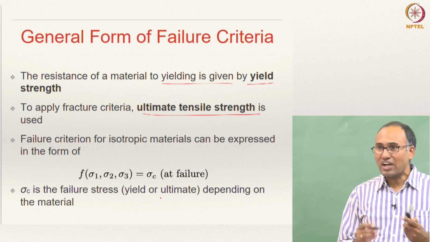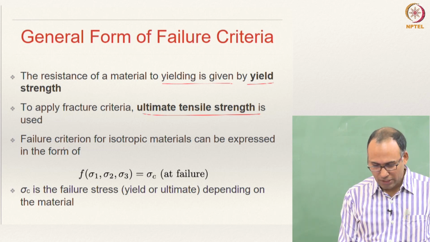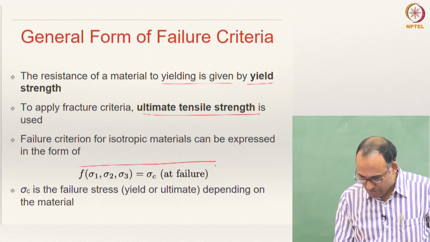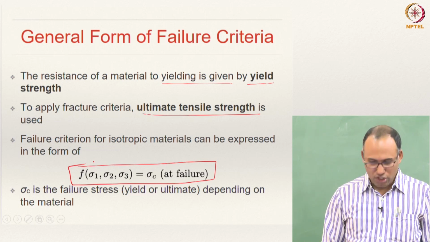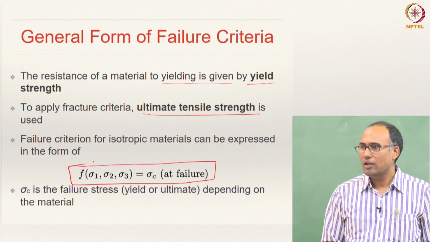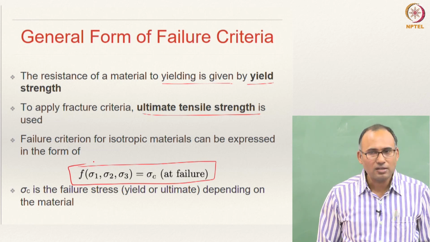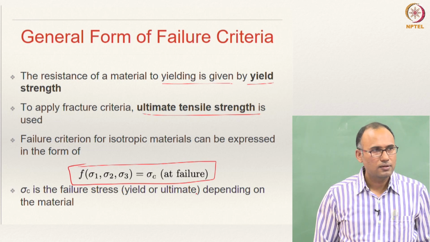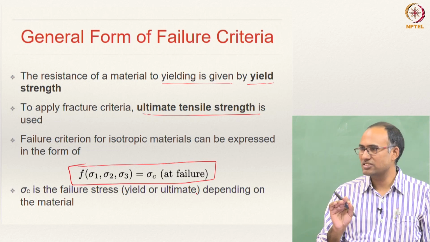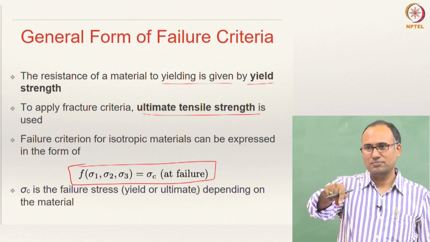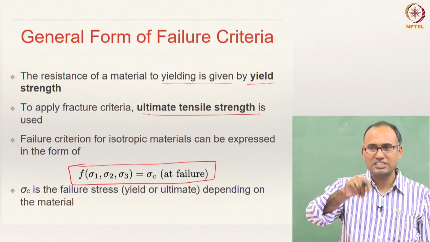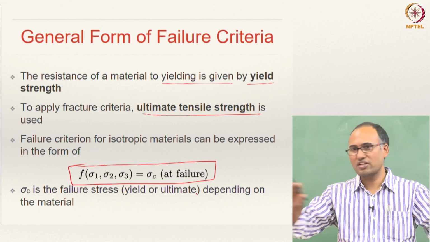So, the functional form of any failure theory for an isotropic material can be expressed like this: F, which is a function of sigma 1, sigma 2, sigma 3, where sigma 1, sigma 2, sigma 3 are principal stresses. That is important. Principal stresses at a point in a material. At a point, that is important. You do not have the same stress everywhere, right?